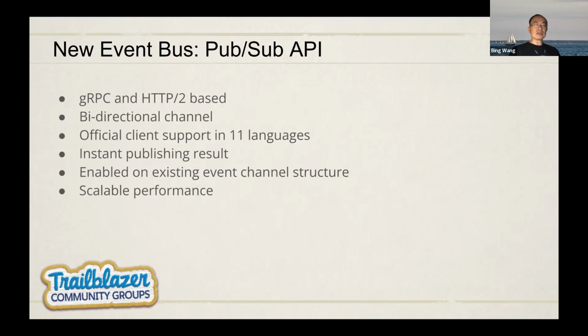I think that stands for Google Remote Procedure Call. And it's all HTTP2. gRPC has been around for a long time, since it was first developed by Google, and has been really optimized to be highly efficient and scalable.